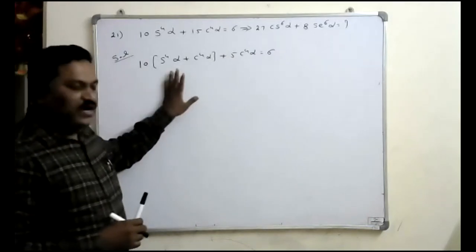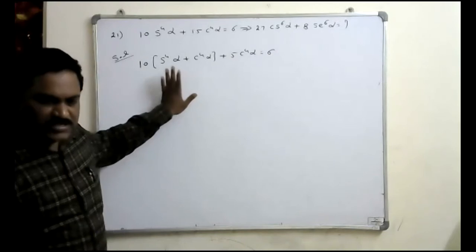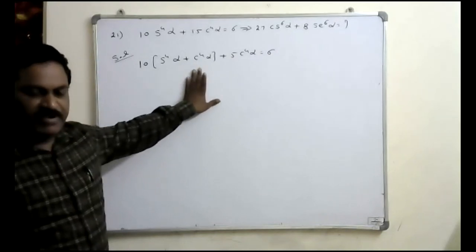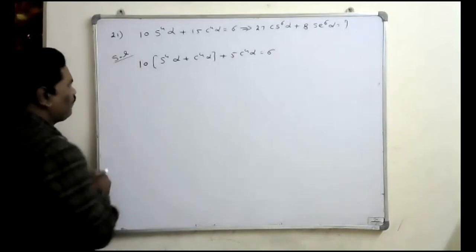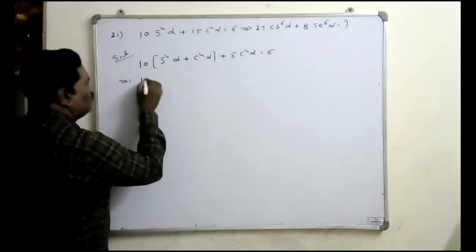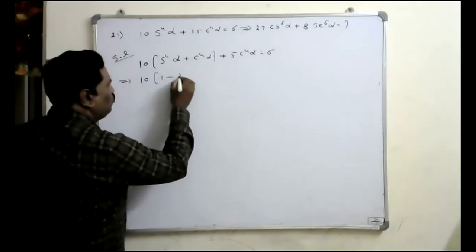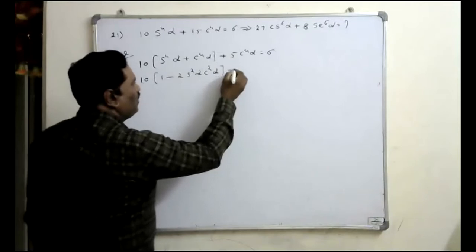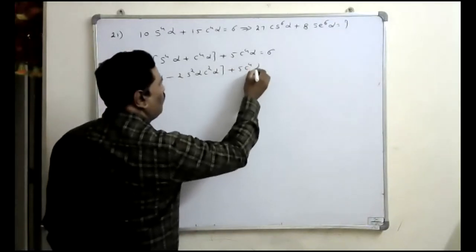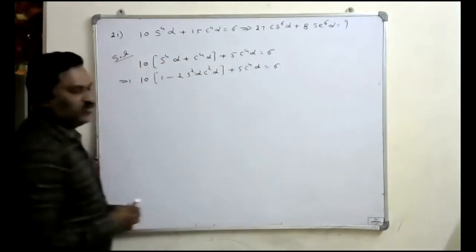Now I already gave you one result for sin power 4 alpha plus cos power 4 alpha. What is the result for it? 1 minus 2 sin square alpha cos square alpha, plus 5 cos power 4 alpha is equal to 6. Okay.